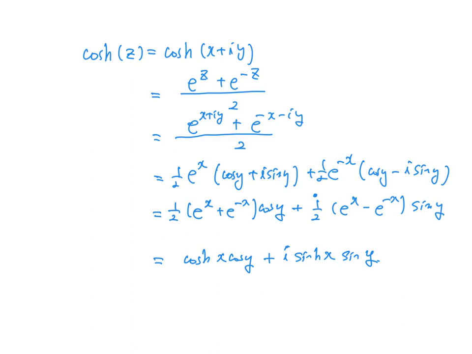Let's compare with the cosine z. Cosine z was, anybody remembers that? Cosine x cosine hyperbolic y minus I sine x sine hyperbolic y.